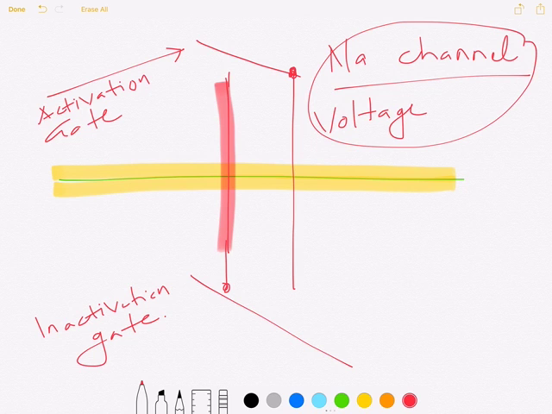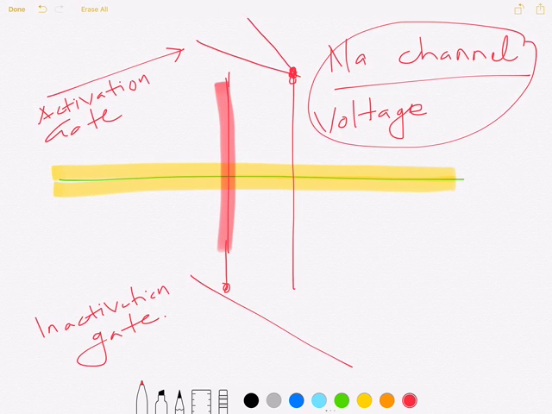They might ask you what kind of channels are responsible for the action of the local anesthetics. The answer is voltage gated sodium channels for the most part. So when there's a change in action potential or there's an electrical impulse that arrives, the activation gate opens up.